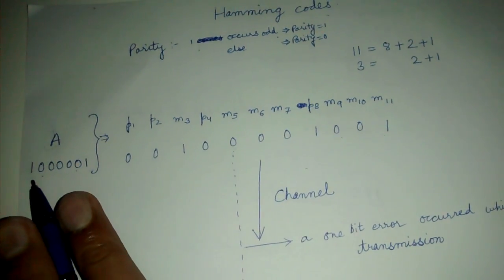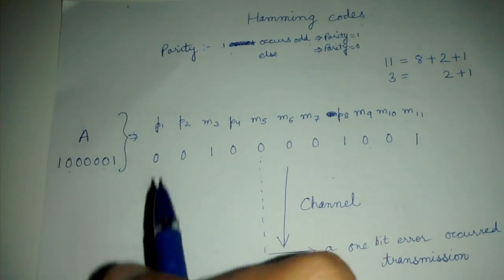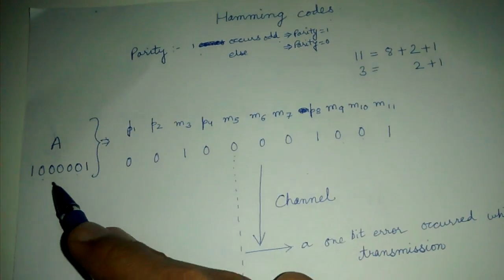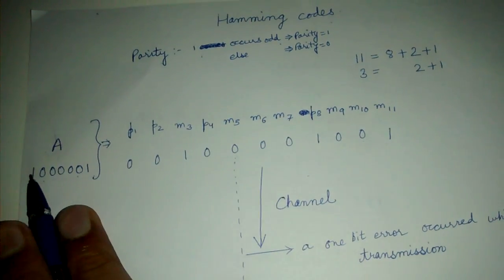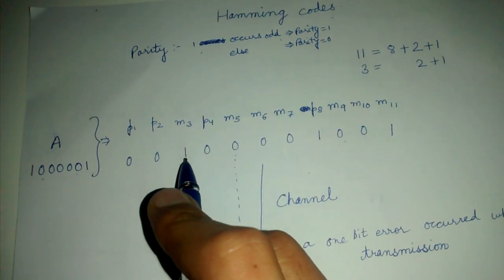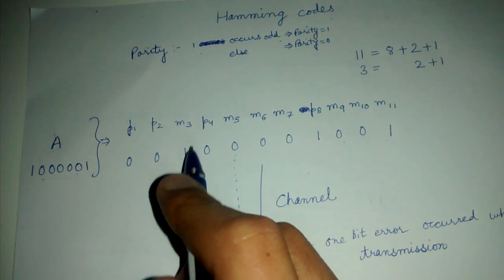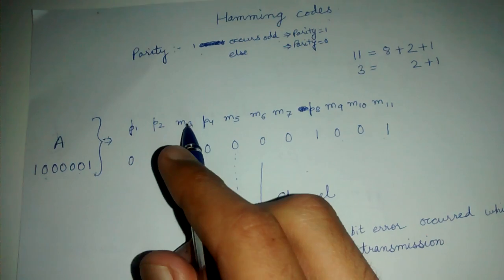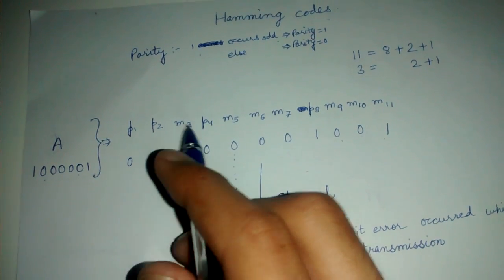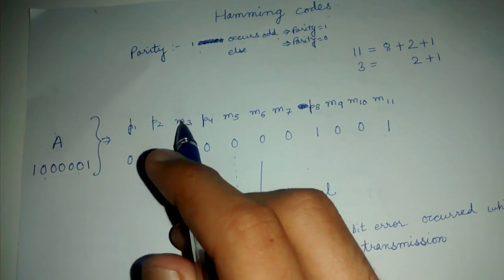So we take the bits one by one and stuff them at the positions which are not powers of 2. We take 1 and put it at position 3, that is represented here by M3. I have used M to represent that it is a message bit.